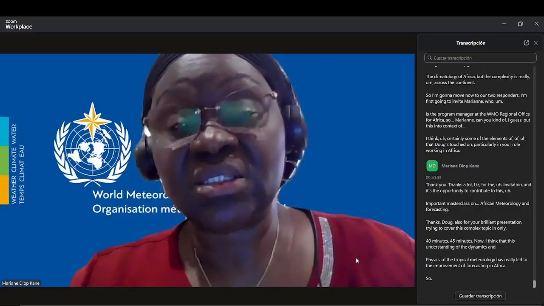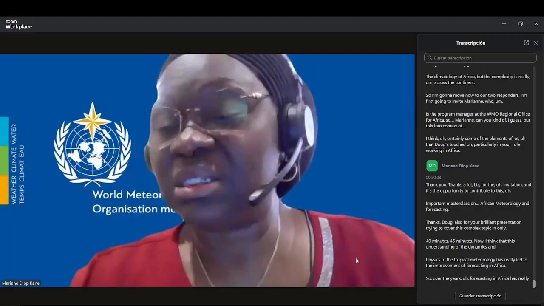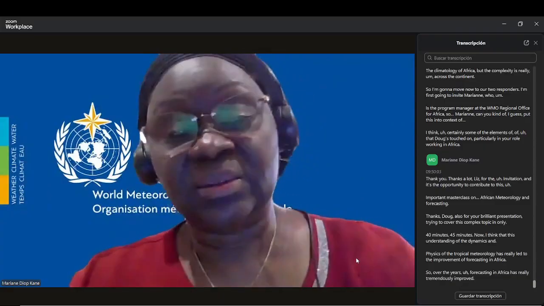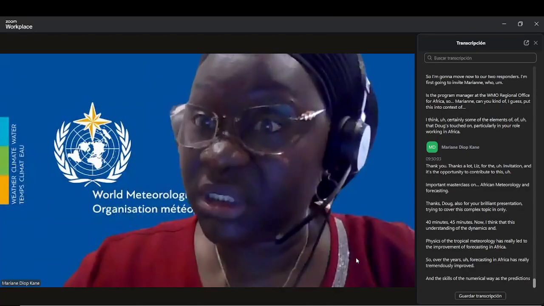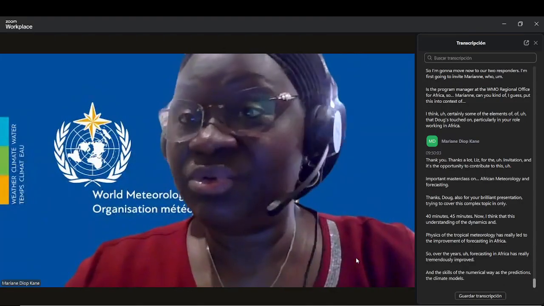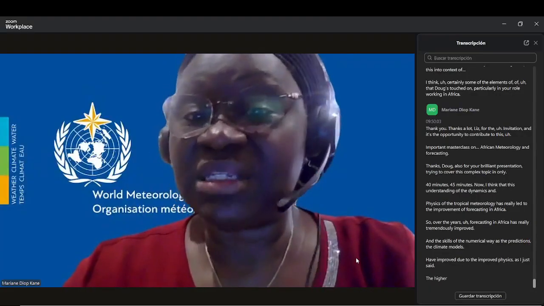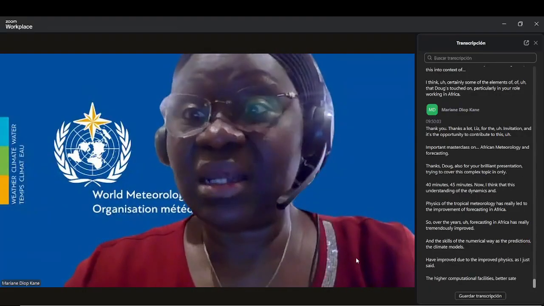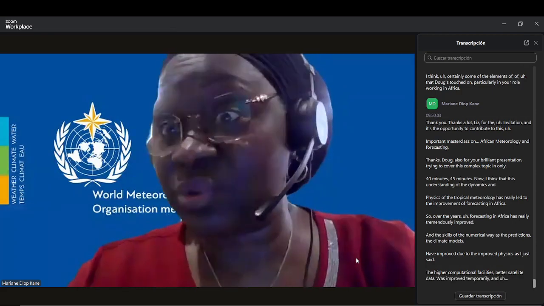So over the years, forecasting in Africa has tremendously improved. And the skills of the numerical weather predictions and climate models have improved due to the improved physics, higher computational facilities, better satellite data, and improved temporal and spatial resolution.